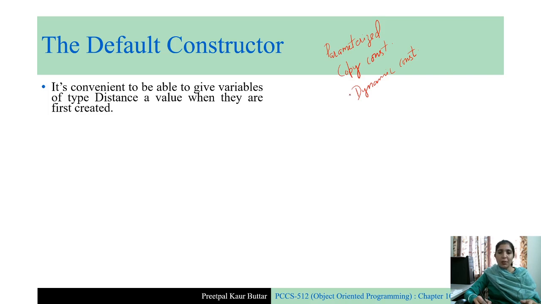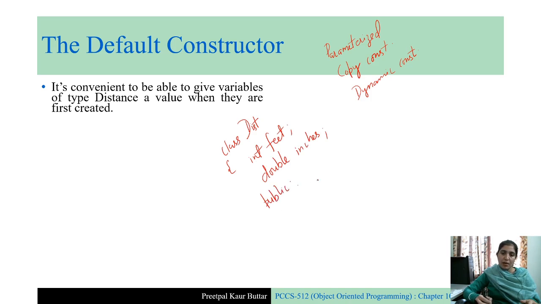It's convenient to be able to give variables of type distance a value when they are first created. You might remember that we created a class distance, and this class contained two private members, int feet and double inches. It had some public member functions, for example set data and display data.